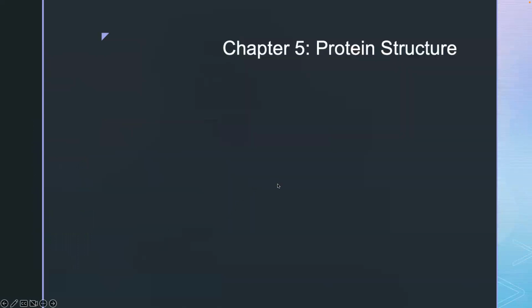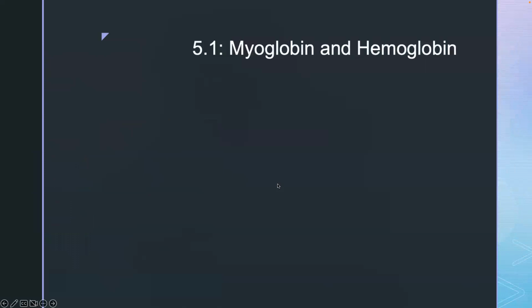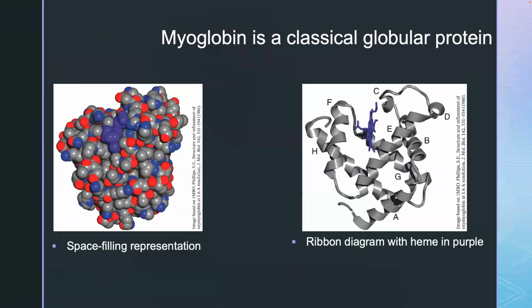And so that brings us to protein structure. And so whenever we talk about protein structure and function, one thing that we can talk about is myoglobin and hemoglobin. And so myoglobin is a classic globular protein.